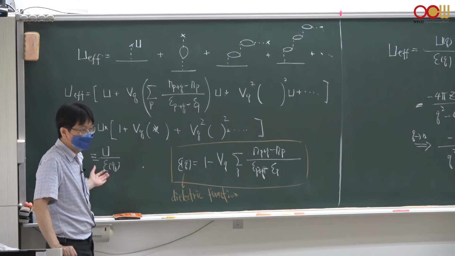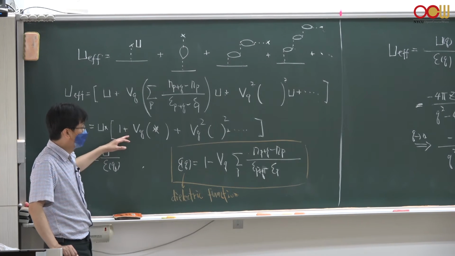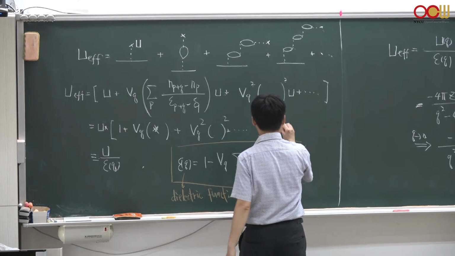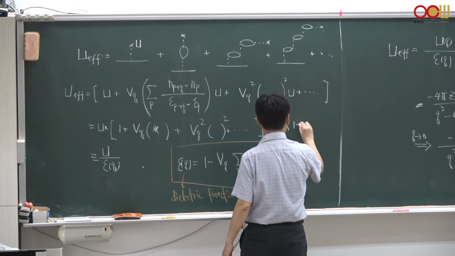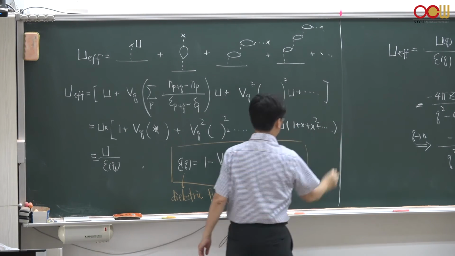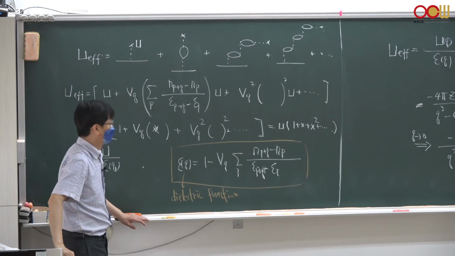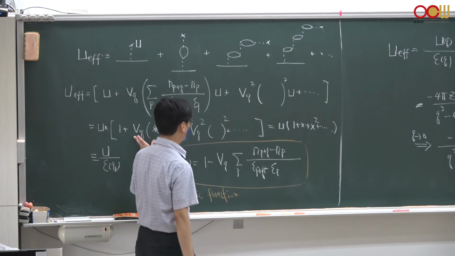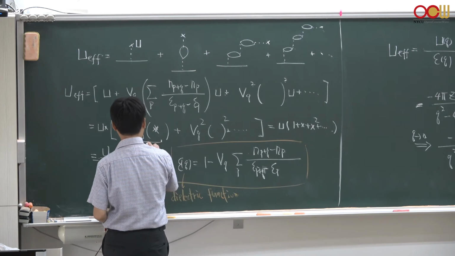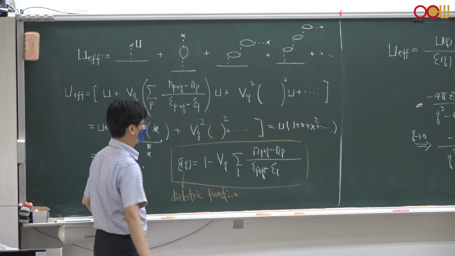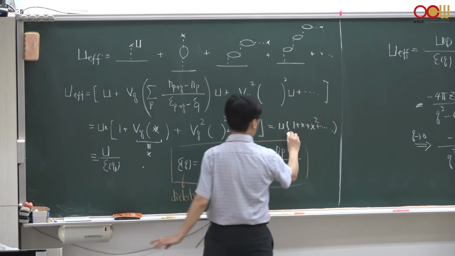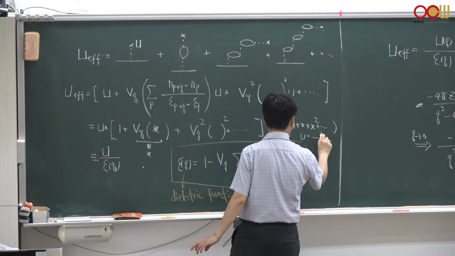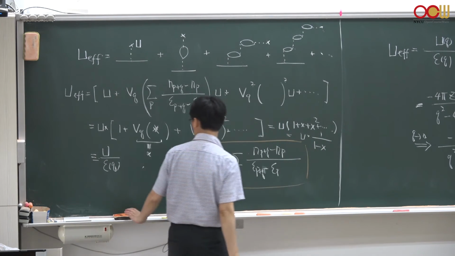And you can very easily sum all these terms by using this identity that you learned in high school, meaning you sum over the geometric series where x represents VQ times this bracket. So the result is simply U times 1 over 1 minus x, right?